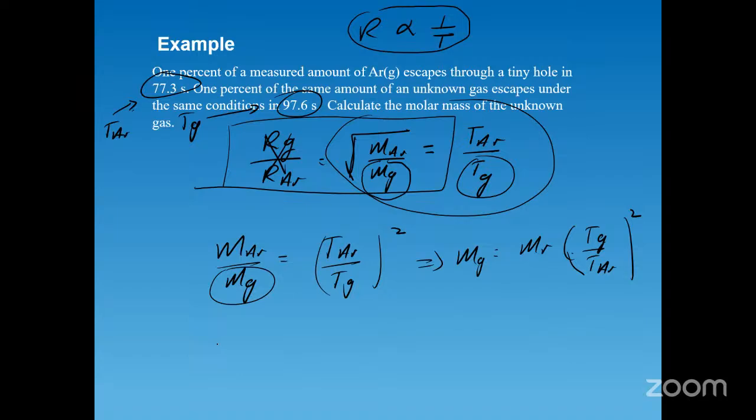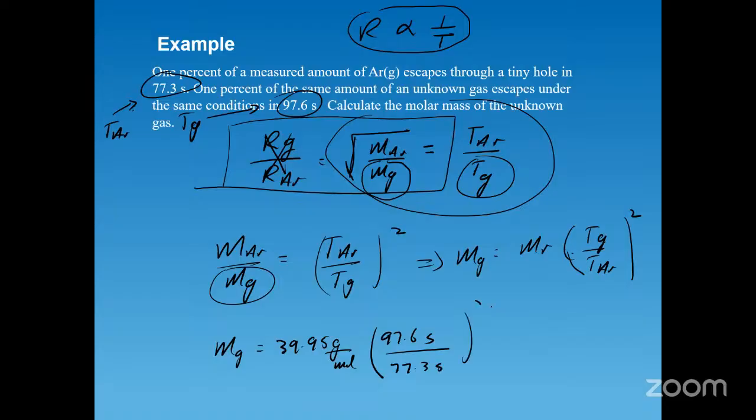So the molar mass of the gas would be equal to the molar mass of argon, which is 39.95 grams per mole, multiplied by the time of diffusion of the unknown gas, which is 97.6 seconds, divided by the time of diffusion of argon, which is 77.3 seconds.